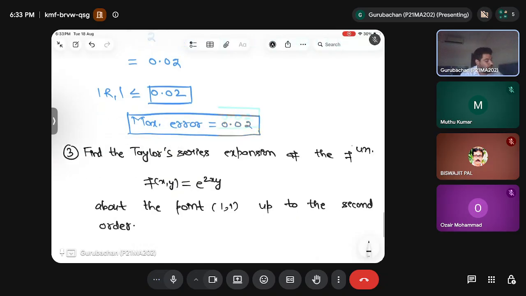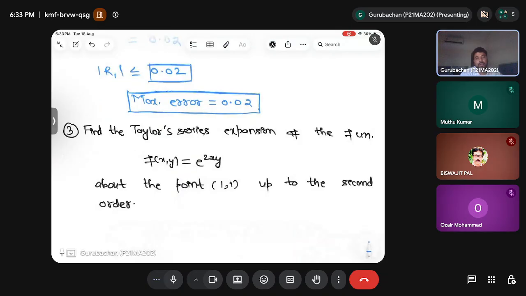It is exactly the same as the first question. So we need to find the second degree polynomial at the point (1, 1). The function and the point are changed, so you need to find all those values: f at (a, b), fx, fxx, fxy and fyy. So calculate all those values and directly tell me the answer. I hope I don't need to do this again, so try this one.